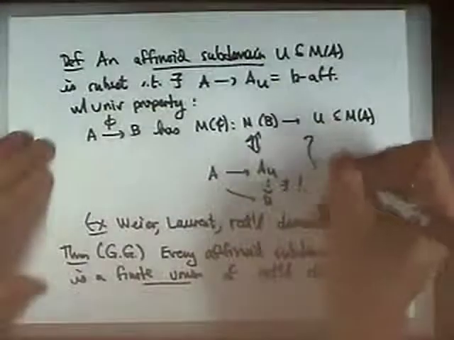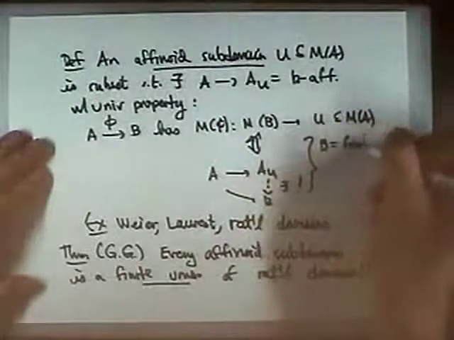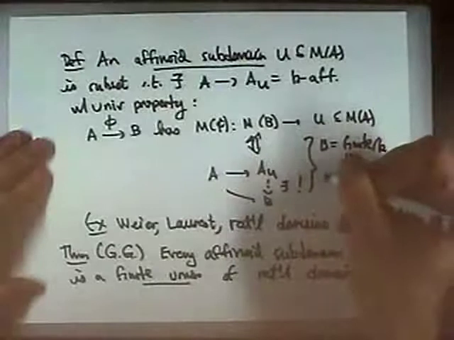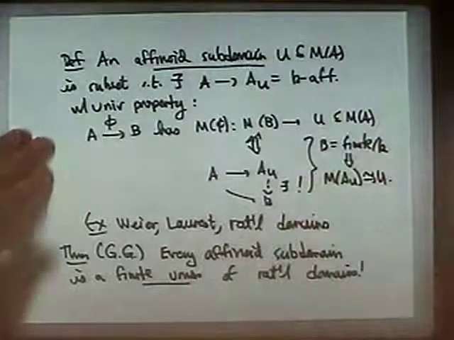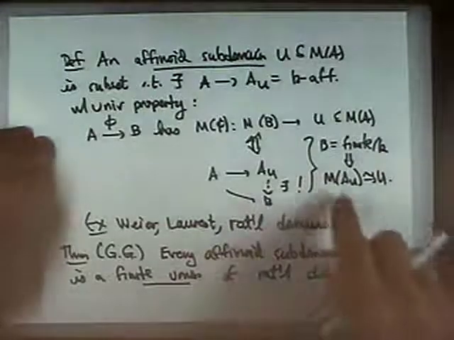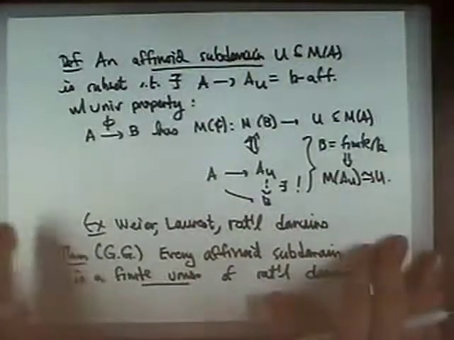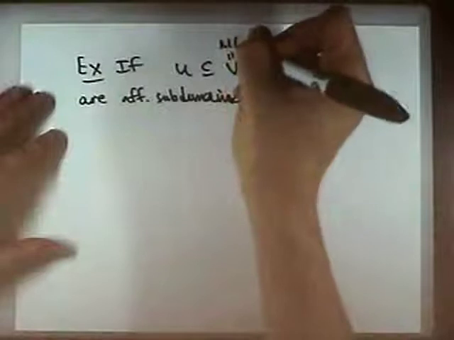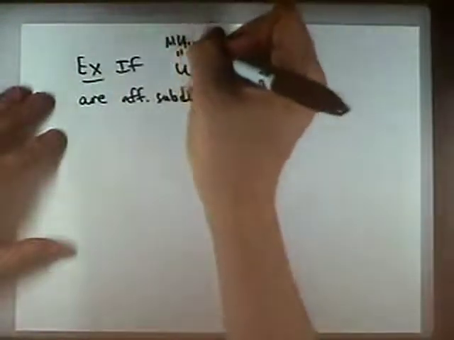A particular example of this, again, if I take B to vary through finite extensions of K, then in fact you find that M of A_U goes bijectively onto U. Okay? So this coordinate ring, its max spec space literally is U, just like in those three basic examples that we had. So now if I give you affinoid subdomains, well, this one is M of A_V, and this one is M of A_U.